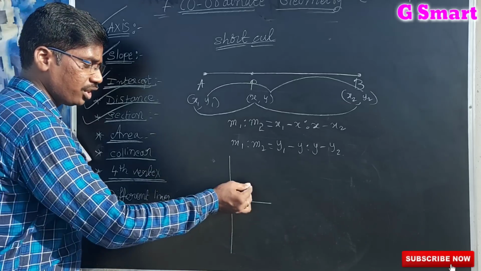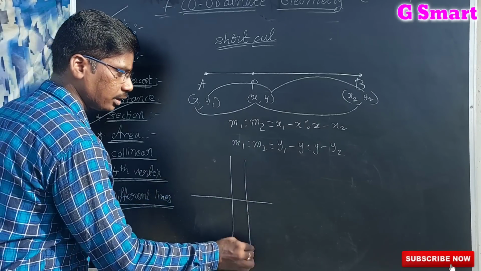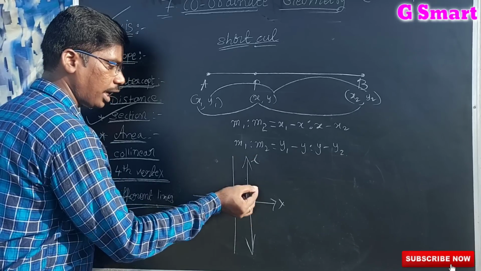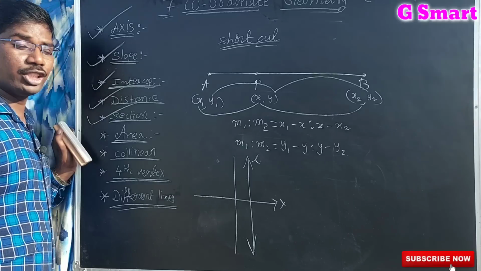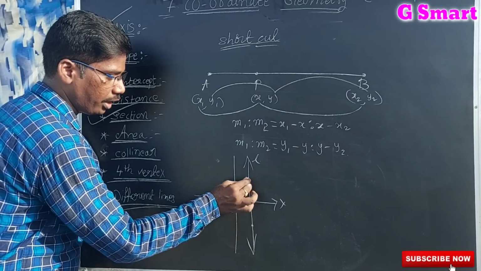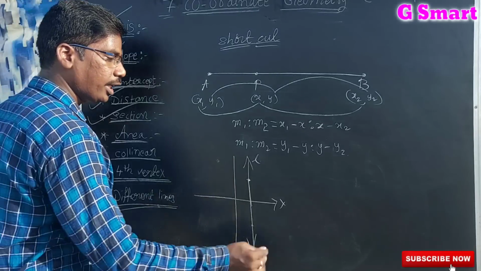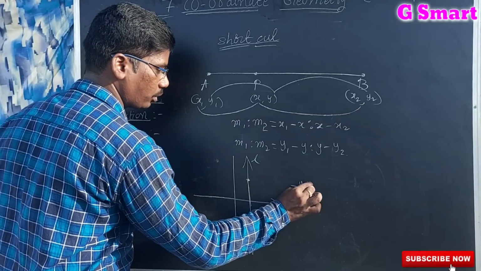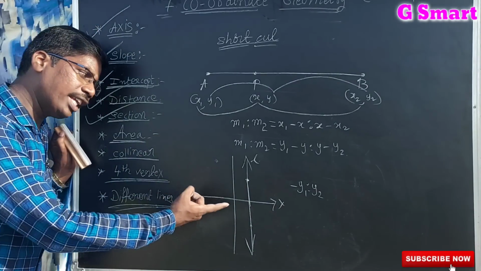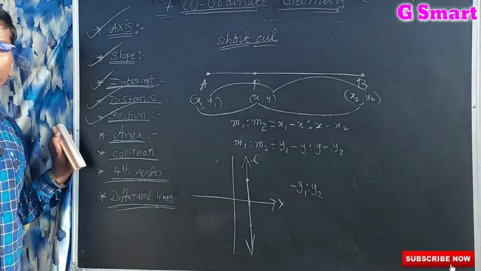Also one more thing I am going to explain. A line which is divided by the x-axis, see this is the line L, and they will ask in what ratio it is divided by the x-axis. At that time, minus y1 is to y2, that is the shortcut formula. If a line is divided by the x-axis, it is minus y1 is to y2.